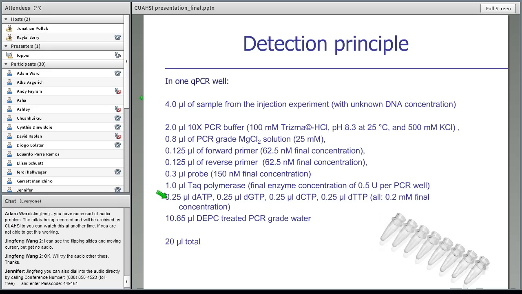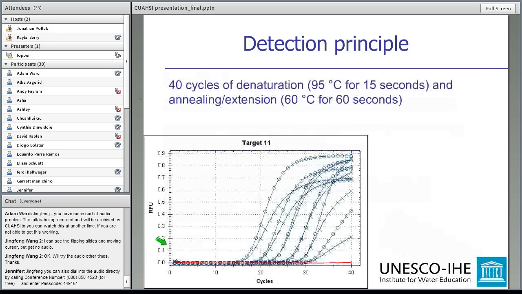I add the enzyme. I add the building blocks of my new DNA, ATP, GTP, CTP, TTP, and I add some water, and altogether I have about 20 microliter per sample. This I put in my qPCR machine, and I start to amplify it for 40 cycles.